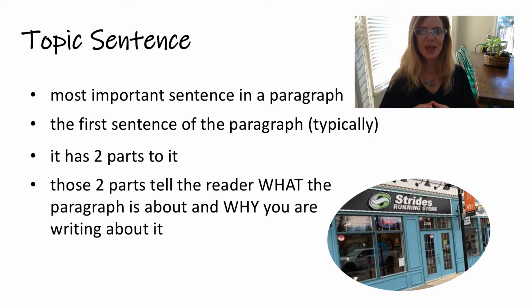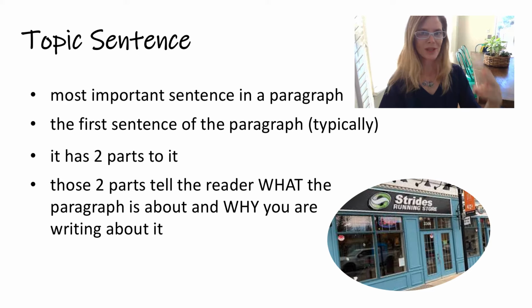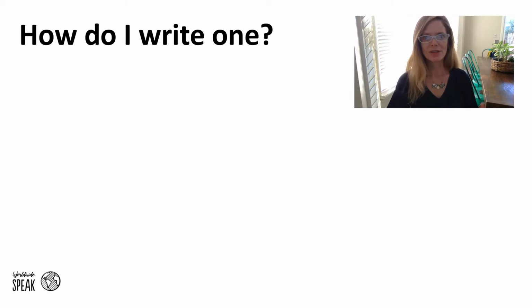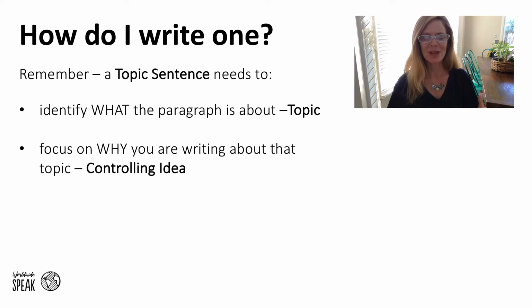So you know that the topic sentence is the most important one. It comes at the beginning. It has two parts. And those two parts tell the reader what your topic is about and why you're writing about it.